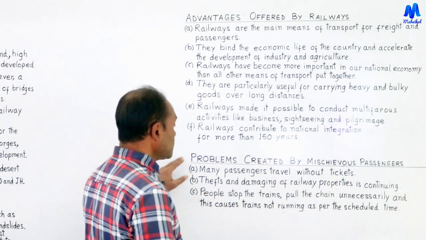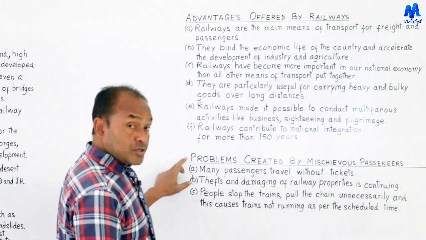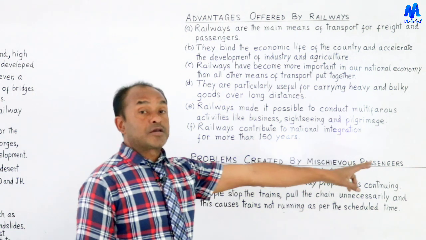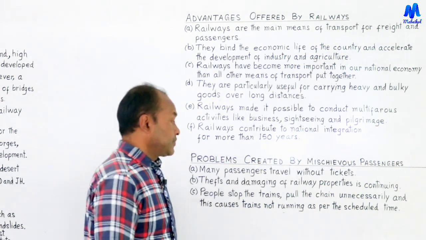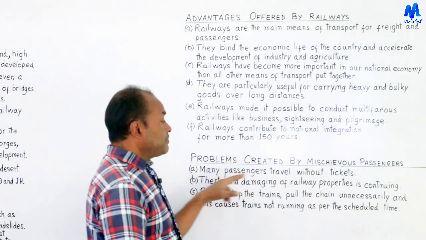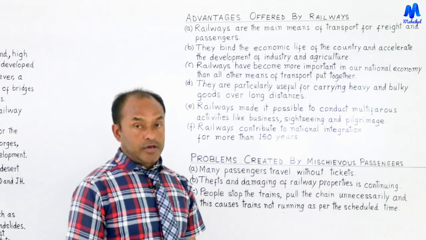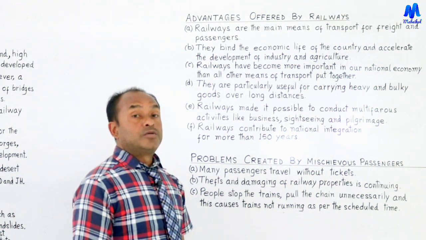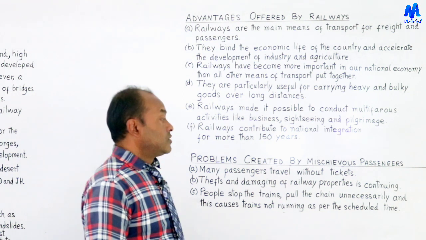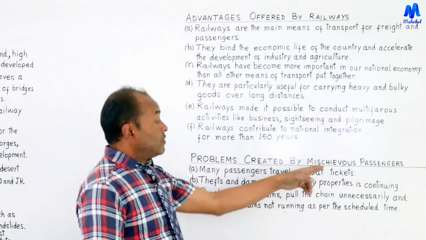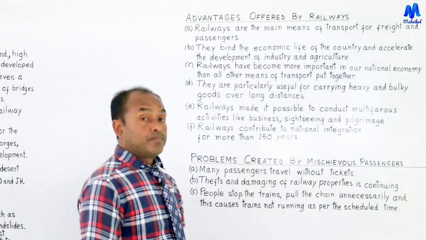Okay. Now, following up next, it's about problems created by mischievous passengers. Let's have a look. Many passengers travel without tickets. How can a good citizen do like this? So they are the mischievous type of passengers.